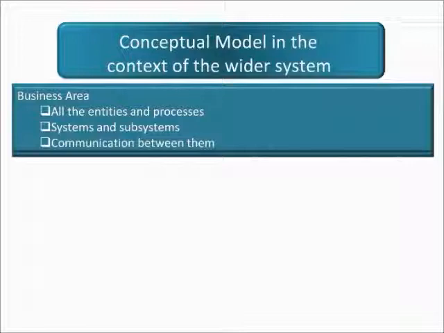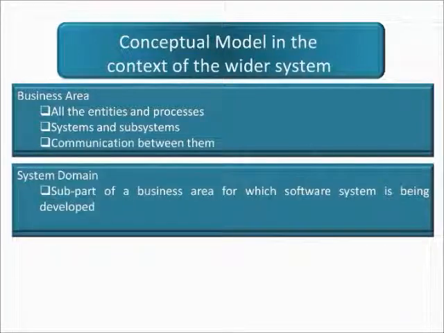For example, the hospital system could be viewed as one subsystem in the general business area, which covers everything that goes on in hospitals, that is, the dispensing of medicines, the training of nurses and doctors, and so on. Each of these activities may constitute a subsystem which may or may not be computerized, but which will need to communicate with other subsystems in the broader area.